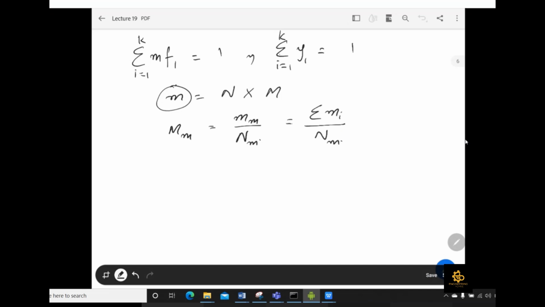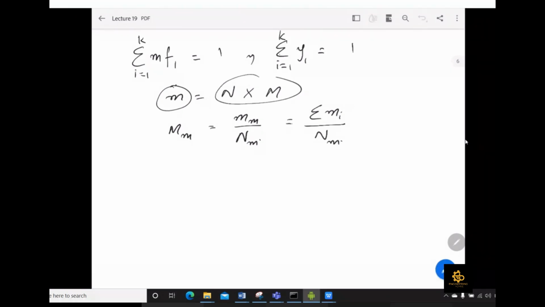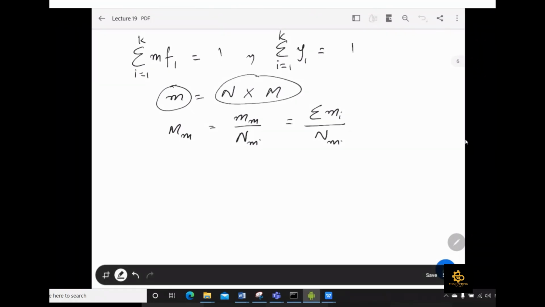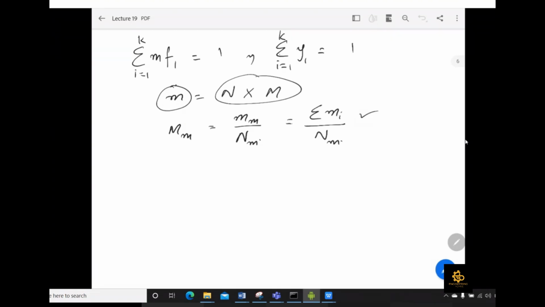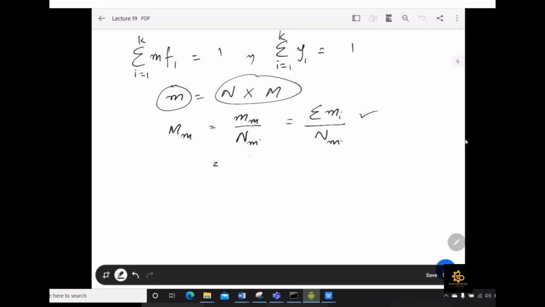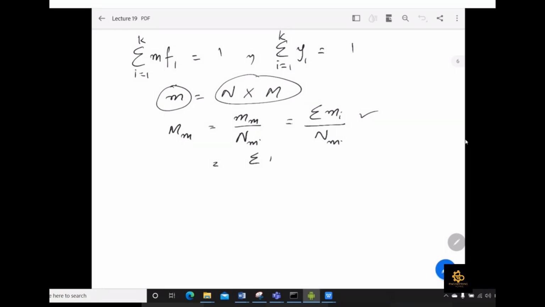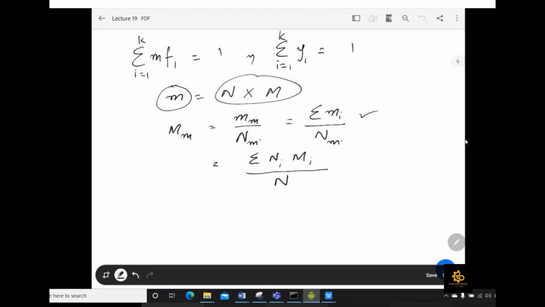From here, for the mass of the mixture, we can simply use the relation n multiplied by M, the number of moles into molar mass, and put it into this equation. So it will be equal to the summation of n_i, the number of moles of the individual component, times M_i, over the mole number of the mixture.